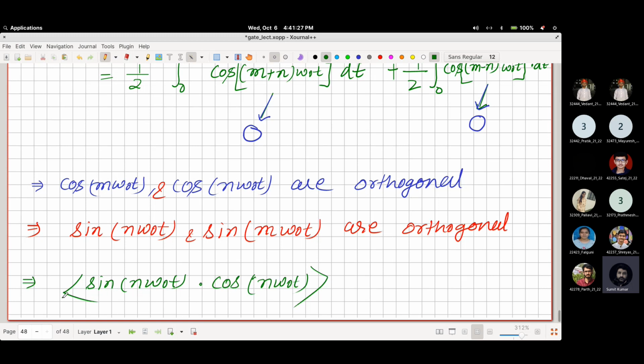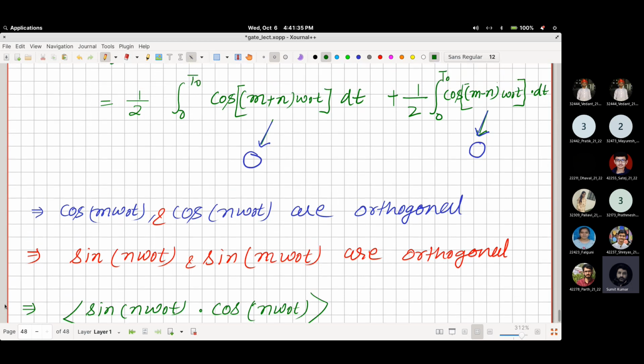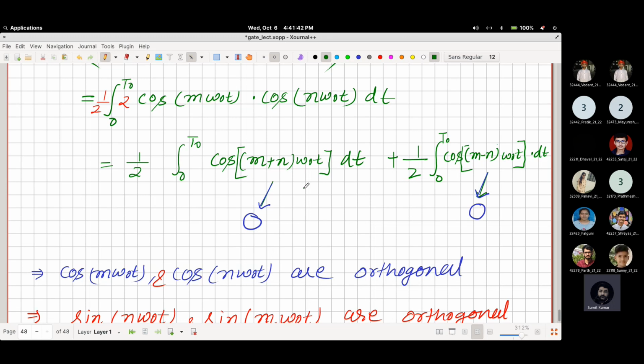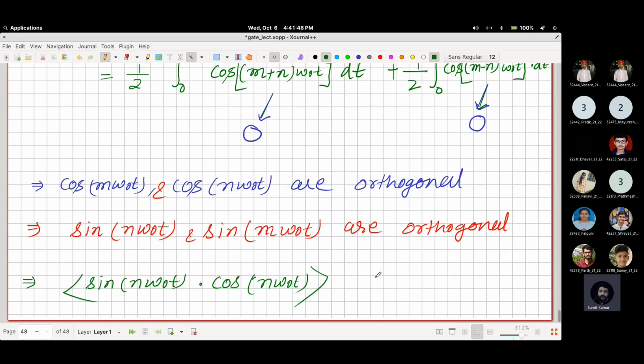Sine into cos, you will again write 2 sine and divide by half. 2 sine a into cos b is equal to sine (a plus b) plus sine (a minus b). So in this integration, instead of cos what will you get? Sine (a plus b) and plus sine (a minus b). The area of a complete cycle of sine is also zero, so this is still going to end up with zero, and these two are also orthogonal.